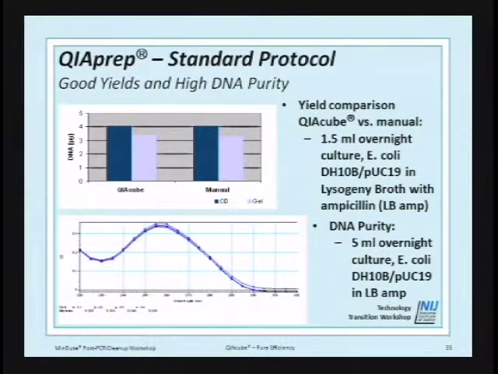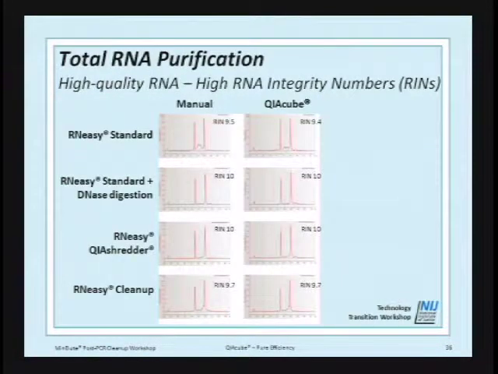So this was a little bit more testing that was done with just cell culture, just a comparison of the QIAcube's yield versus manual. It's just an overnight culture, cells that were grown up. And there's linearity between manual and QIAcube sample processing.